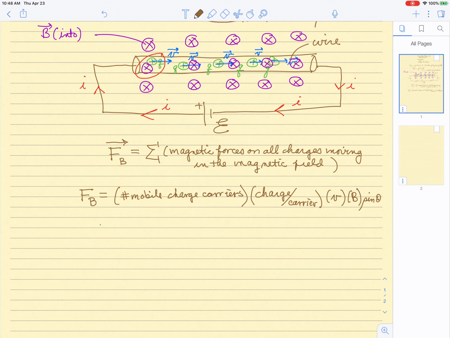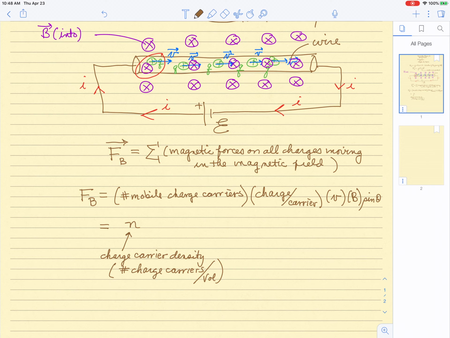Okay, so we will recall that the number of mobile charge carriers is given by n. Remember what this is. This is the charge carrier density, which is the number of charge carriers per volume.